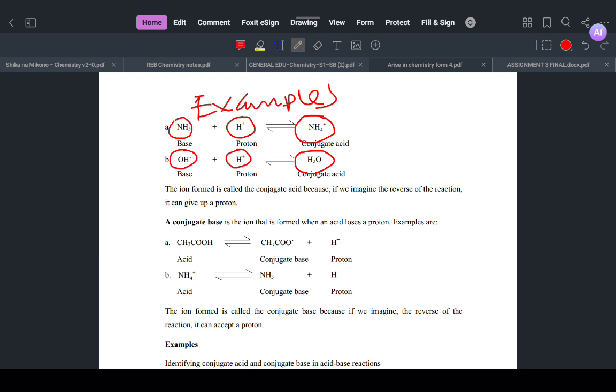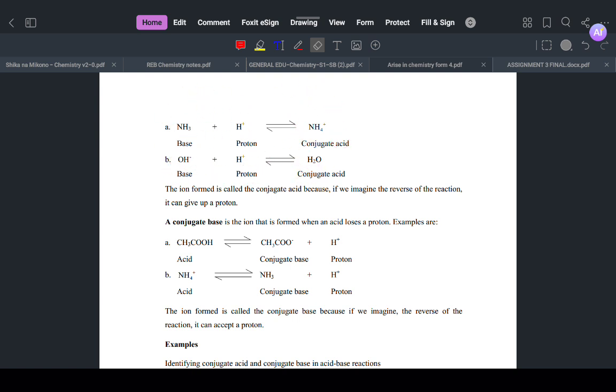The ion is called a conjugate acid because if we imagine the reverse of the reaction, it can give up its proton. Let's imagine that the reaction is going to reverse. Let's look at the first example, using ammonia. Suppose we have NH3, ammonia, gaining a hydrogen ion or proton to form ammonium.